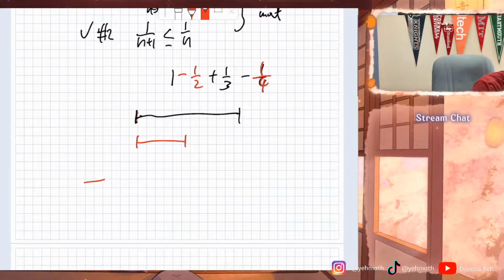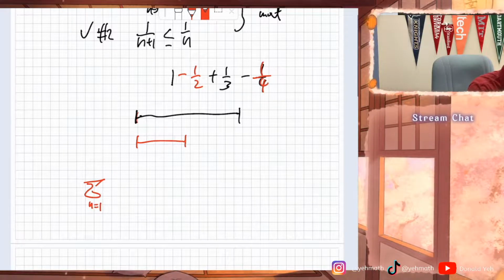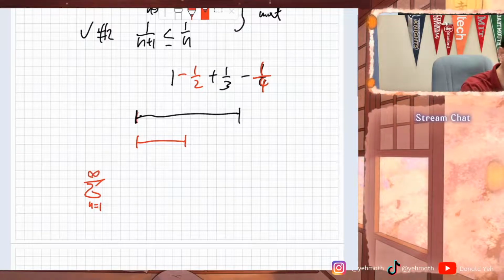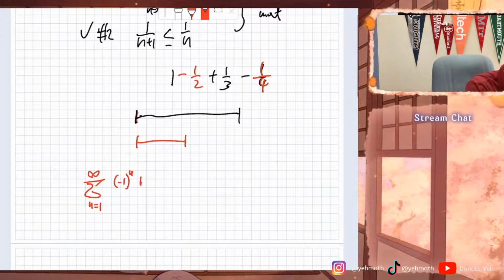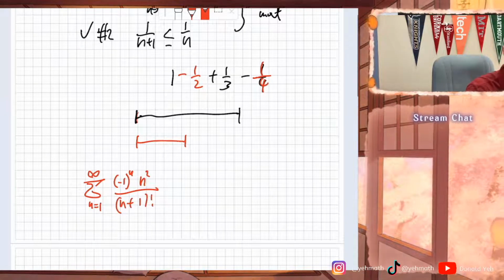It's the summation from n equals 1 to infinity of (-1)^n times n squared over (n plus 1) factorial.